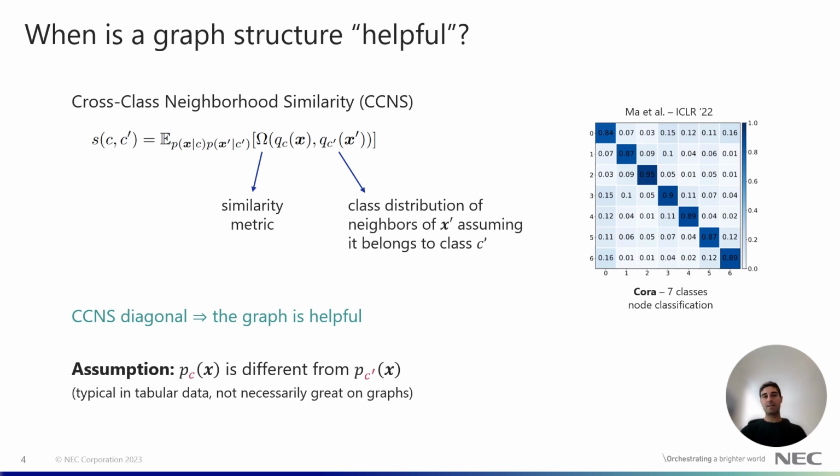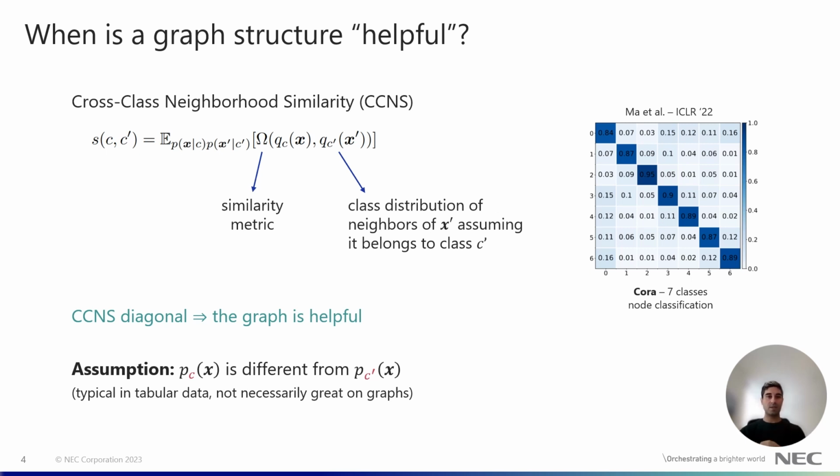The CCNS constructs a matrix of size number of classes times number of classes, and each entry of this matrix compares the distributions of the neighboring classes of nodes of class C and nodes of class C prime, where C and C prime are the indices of the entry of this matrix.